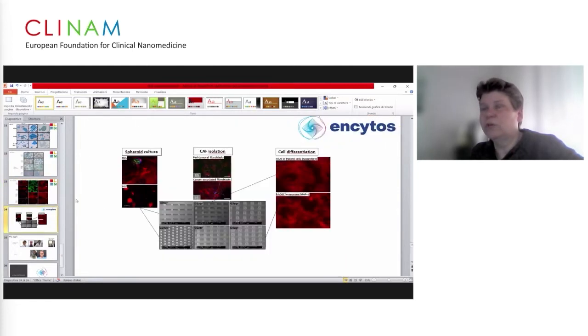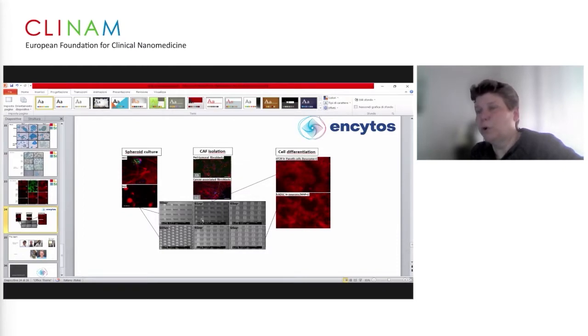So on our surface, you could do spheroid culture, you can have 2D and 3D culture, and our idea is that these cancer-associated fibroblasts are actually doing what they would do with healthy tissues, so they are invading.